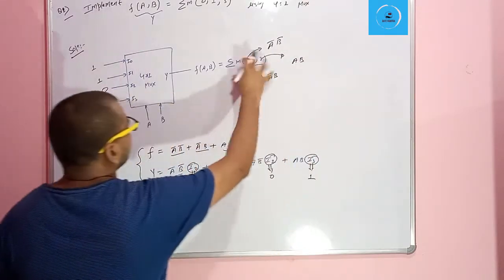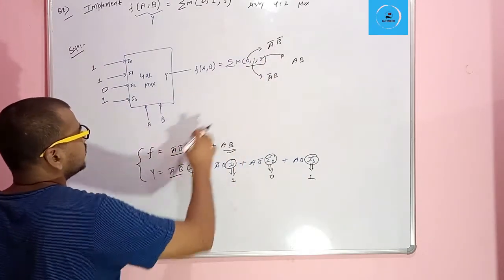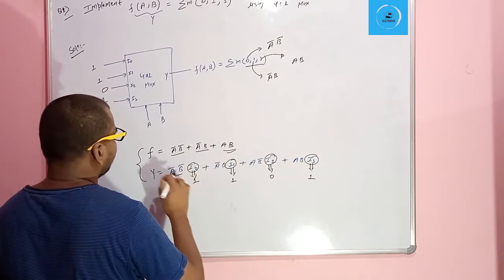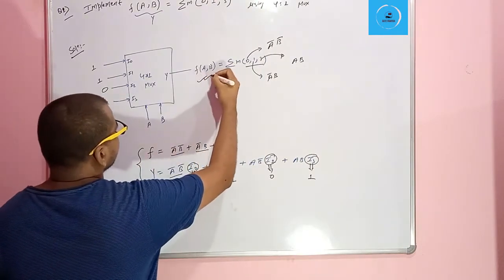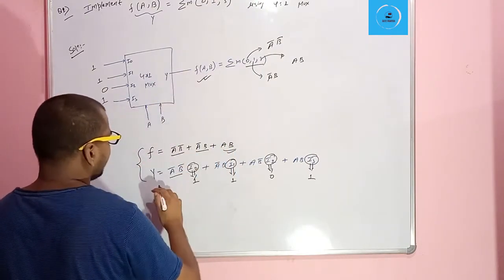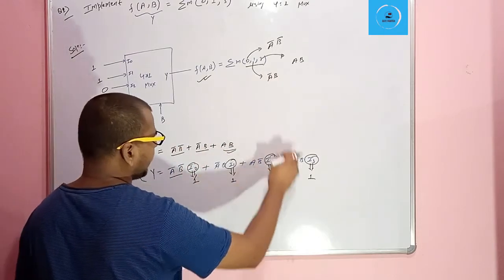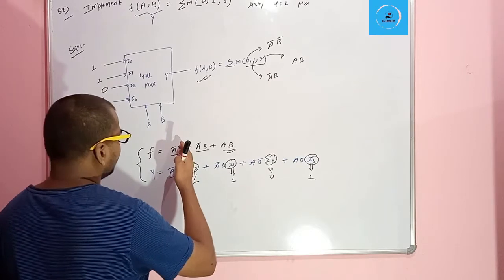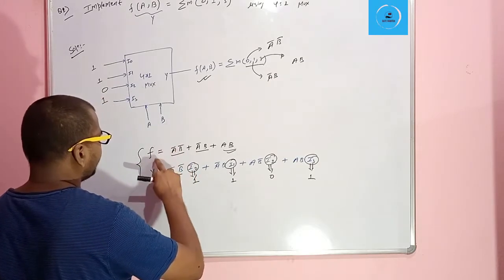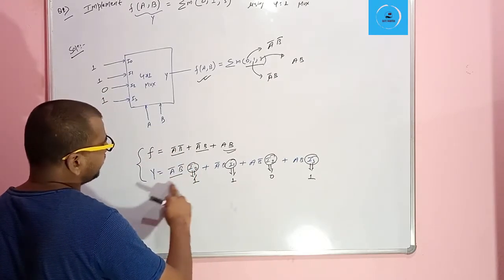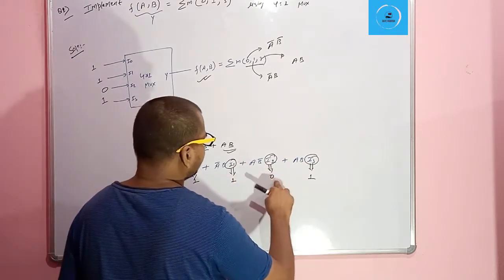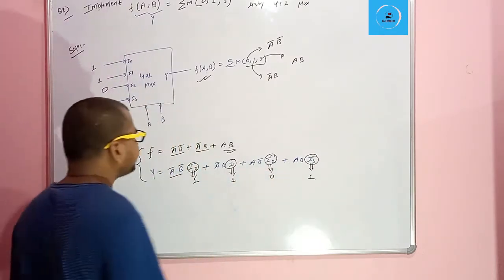After that we write the generalized expression for the output y, and then we compare both outputs. Where a term is present in the output and also in the generalized output, we have made I0 1, I1 1, I2 0 and I3 1.